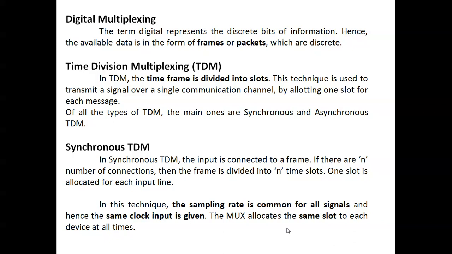In synchronous TDM, the inputs are connected in a frame. If there are n connections, the frame is divided into n time slots, with one slot allocated for each input line. The sampling rate is common for all the signals, hence the same clock input is given. The mux allocates the same slot to each device at all times.